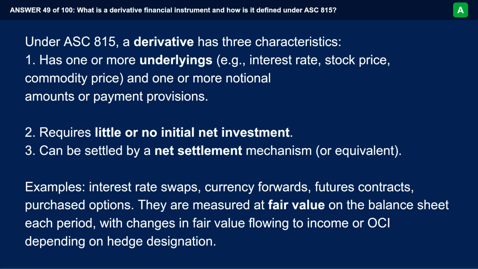Requires little or no initial net investment. 3. Can be settled by a net settlement mechanism or equivalent. Examples: interest rate swaps, currency forwards, futures contracts, purchased options. They are measured at fair value on the balance sheet each period, with changes in fair value flowing to income or OCI depending on hedge designation.